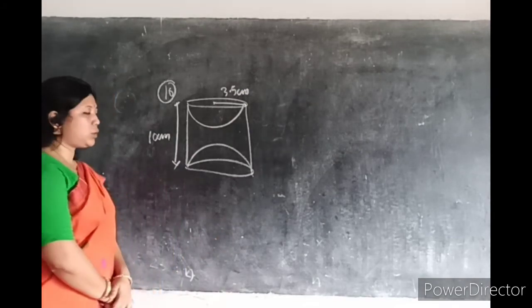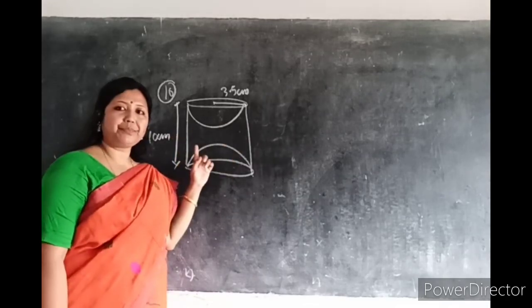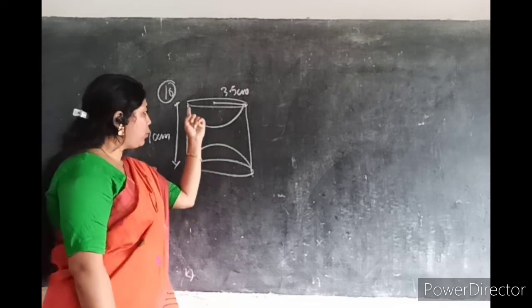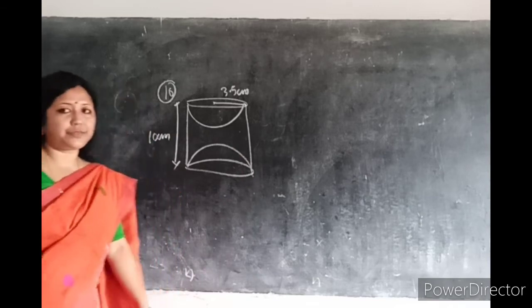So what will be the total surface area of this article? It will be the curved surface area of the cylinder and the curved surface area of the two hemispheres.